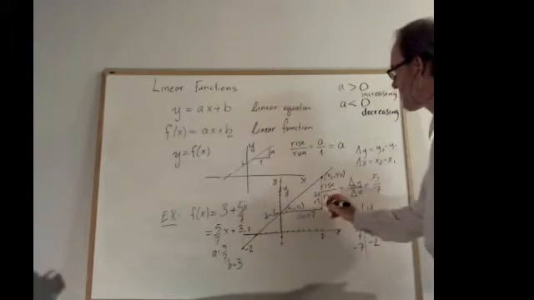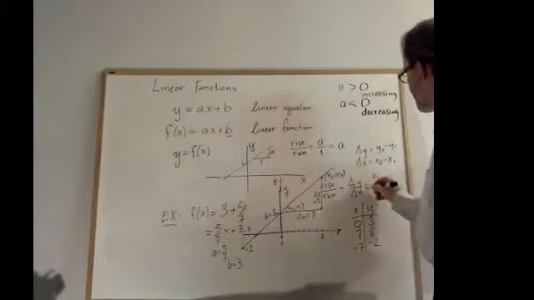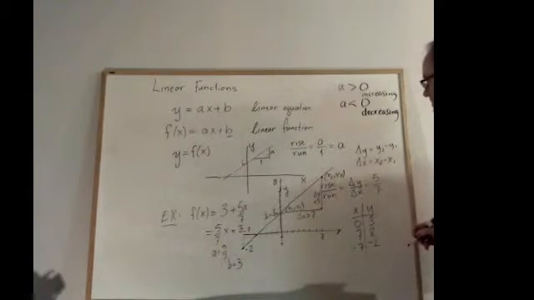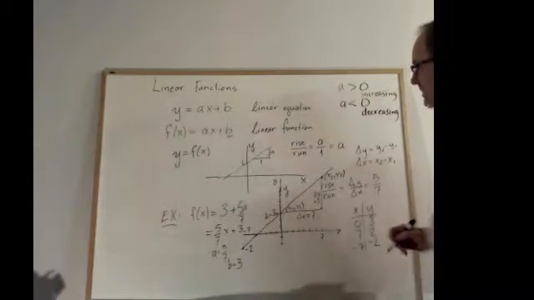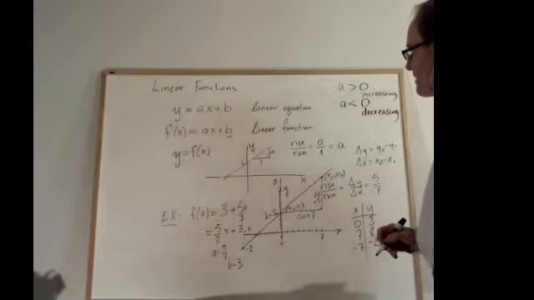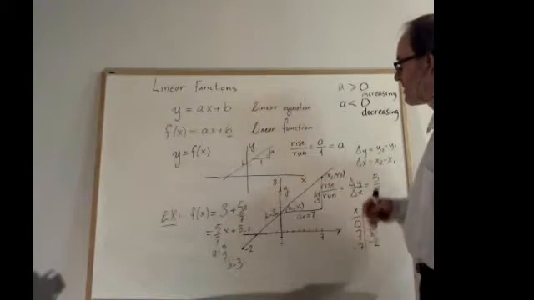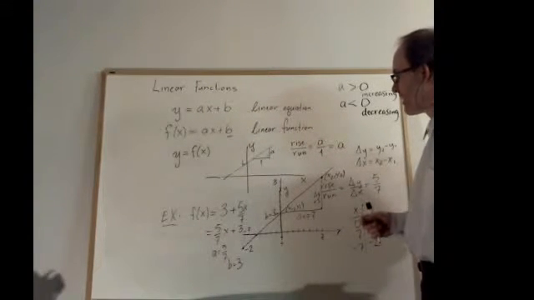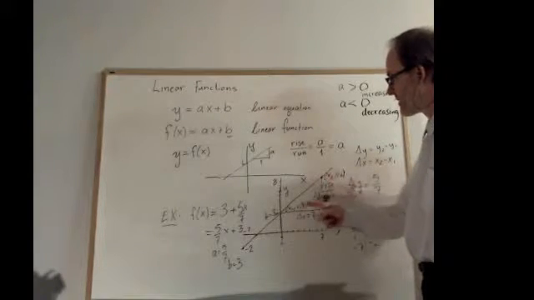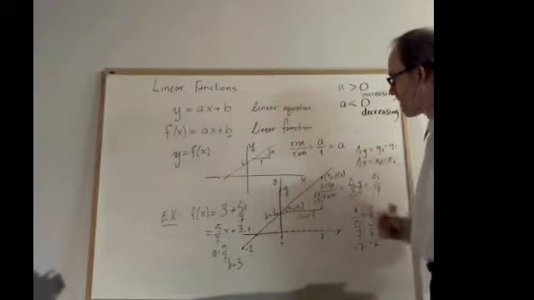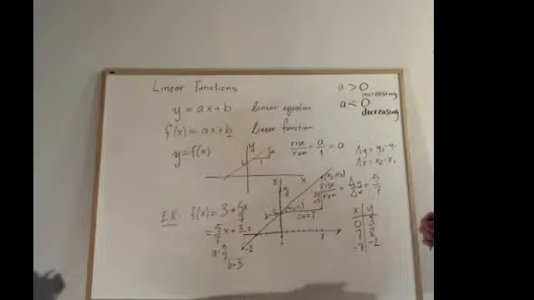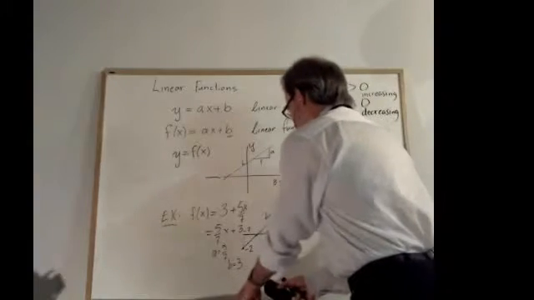That's the base of the right angle triangle, and then I divide one by the other. Okay, so for any given linear function with a given slope, that slope is independent of the choice of the points that I choose to find it.